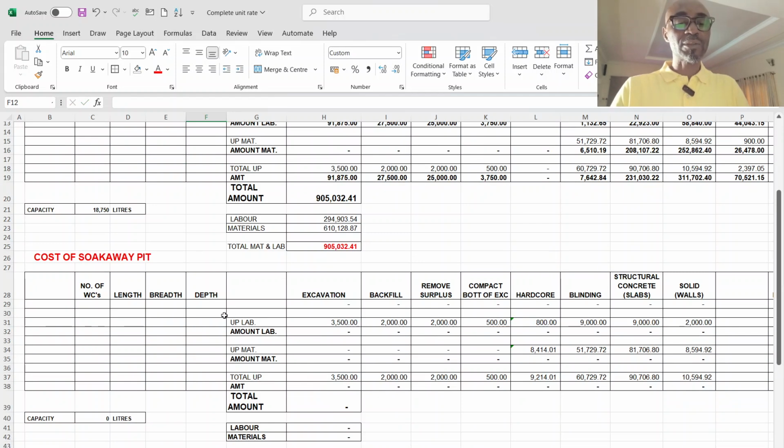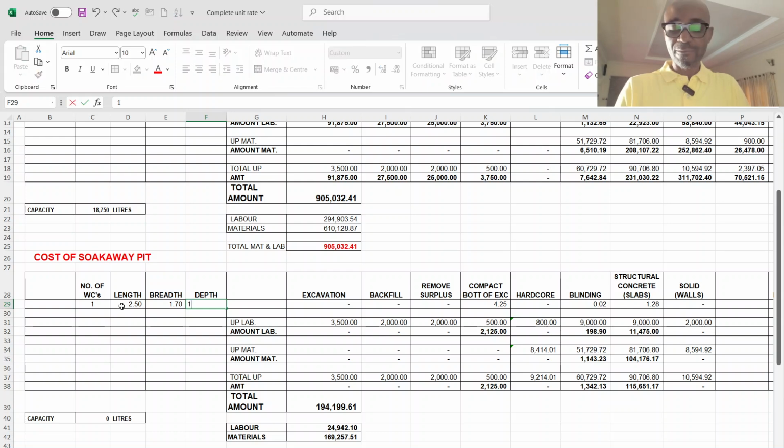Then the soakaway is 1, and it is 2.5 by 1.7 by 1.5.